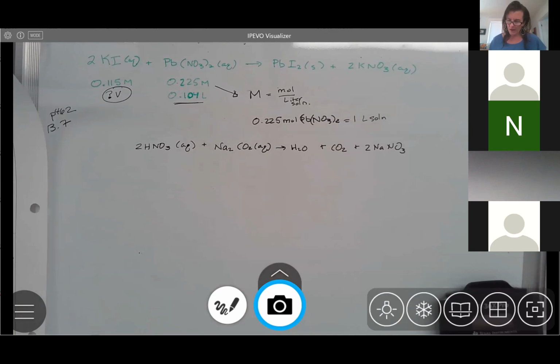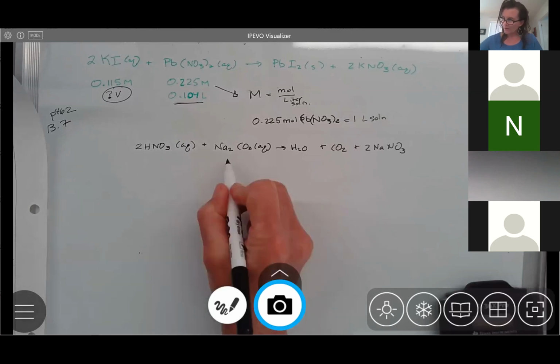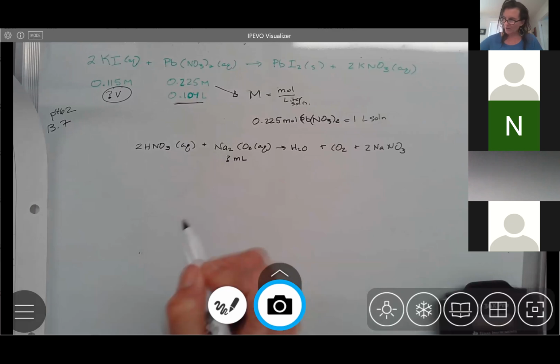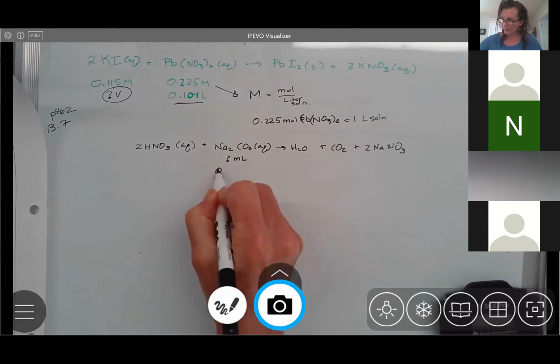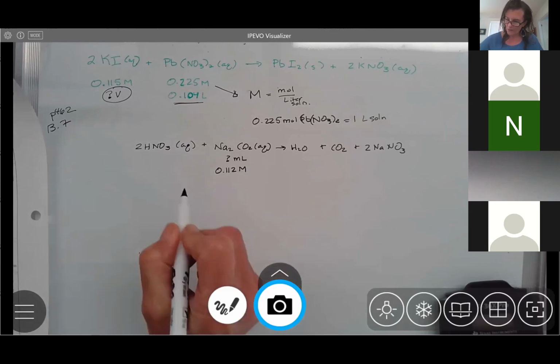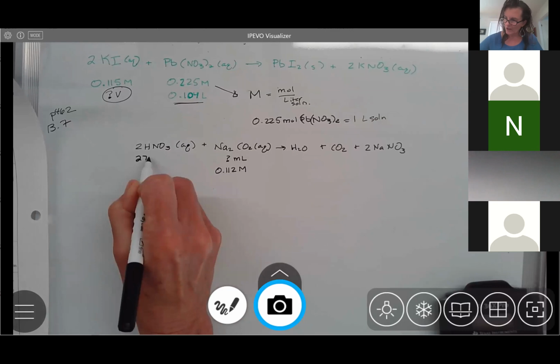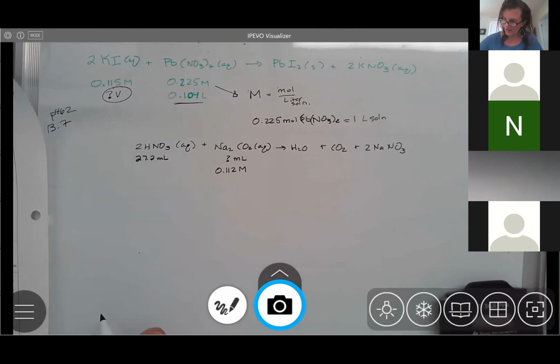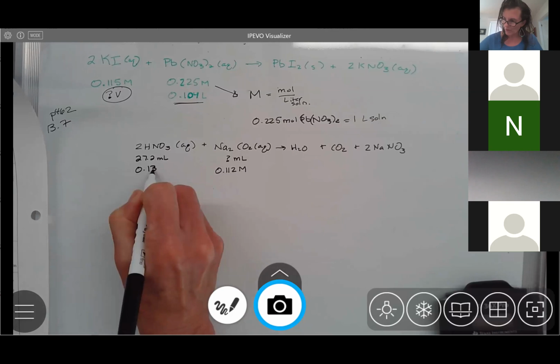Now, I always organize my information underneath the chemical reaction because I think it makes it easier to go back and figure out what things are, rather than reading through the text of the question. So this says, how many milliliters of 0.112 molar sodium carbonate do I need to completely react with 27.2 milliliters of nitric acid that is 0.135 molar concentration?